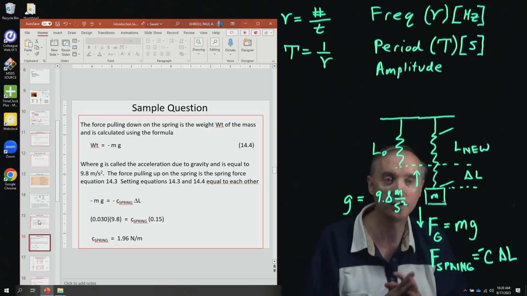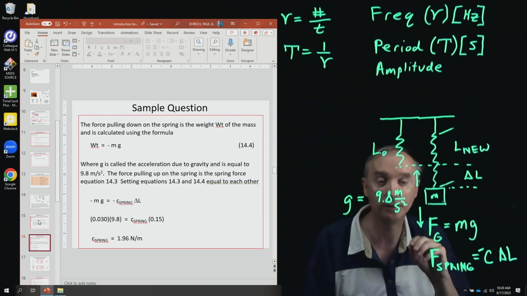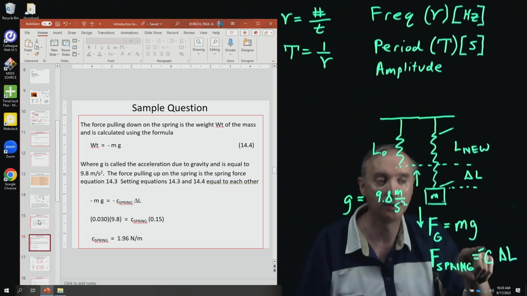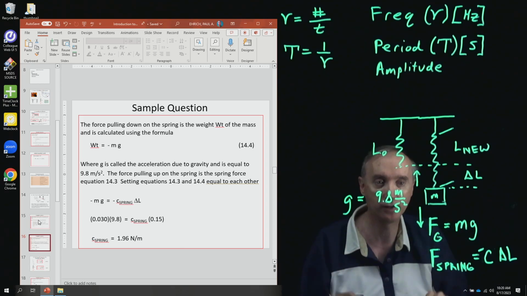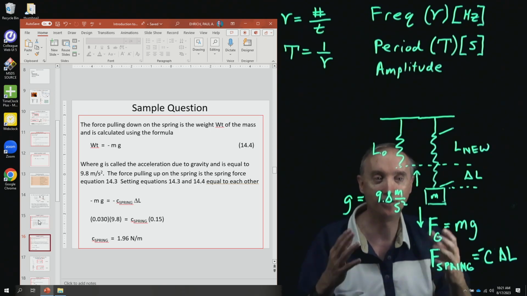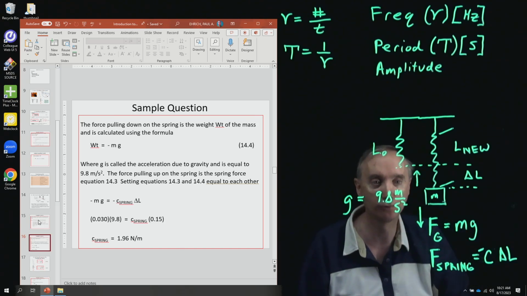Now, the good news is you're not going to do this on the laboratory or on the lecture exam. I am going to give you the value of c. You won't have to do this fancy calculation. However, in lab, we are going to do it. In lab, you're going to have a spring, a mass, and a ruler.